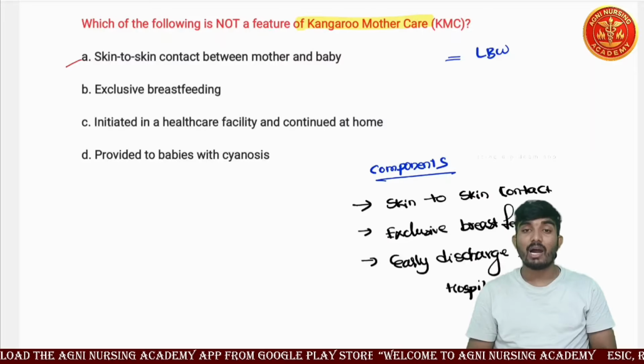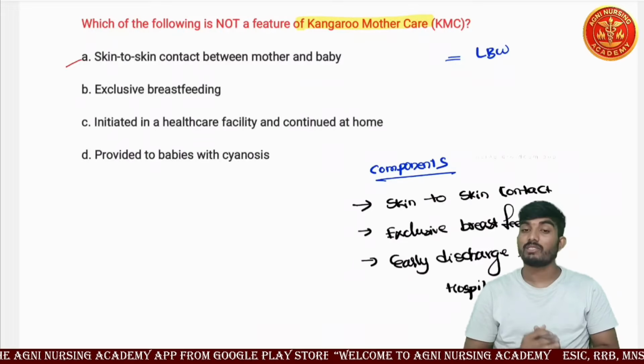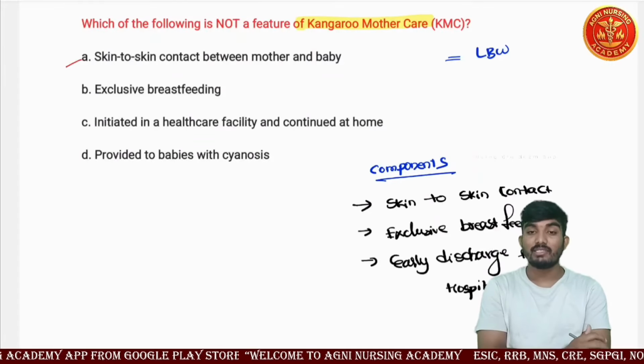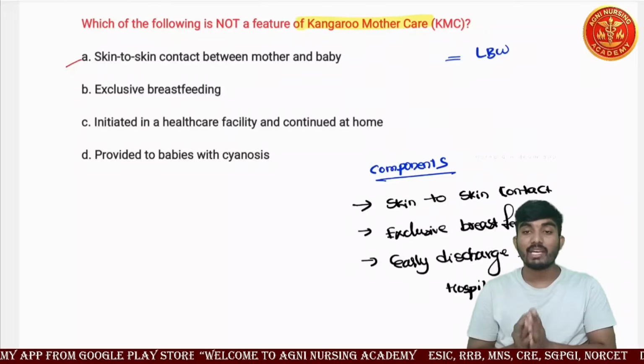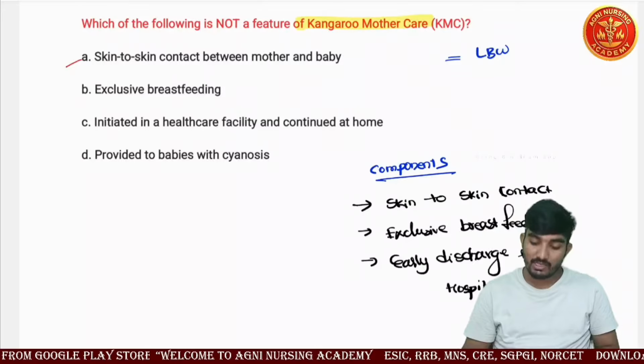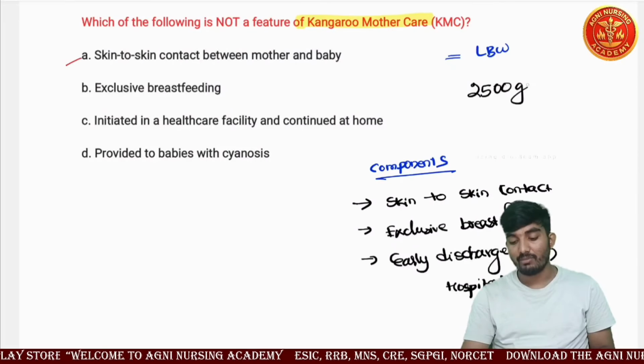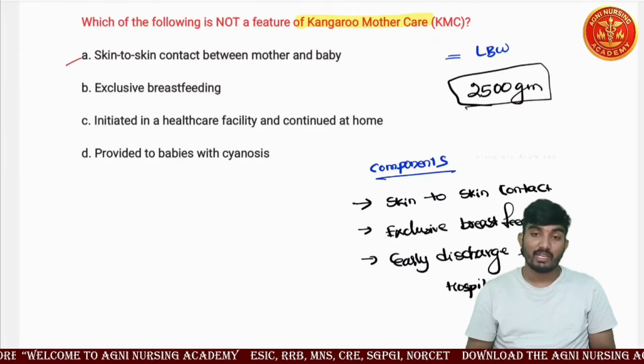These three are the components of KMC. KMC is given in LBW children up to the normal weight, that is 2500 gram.